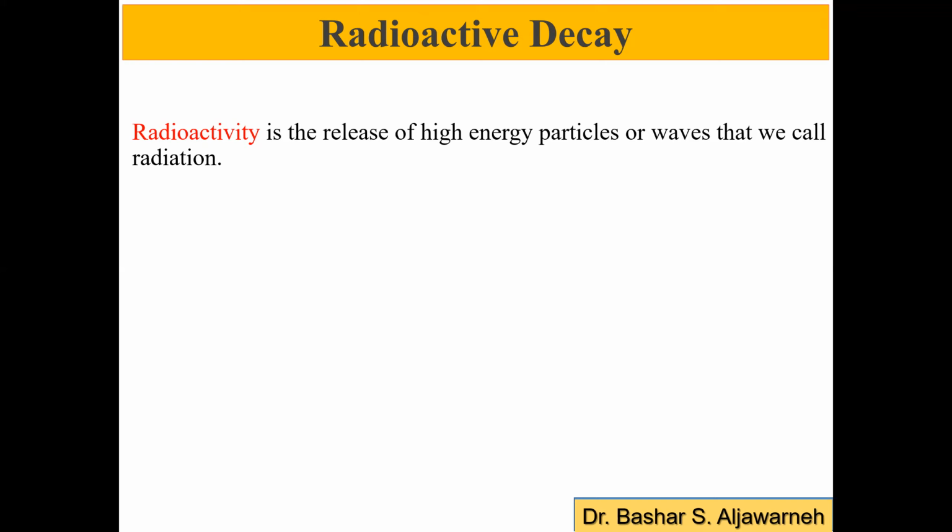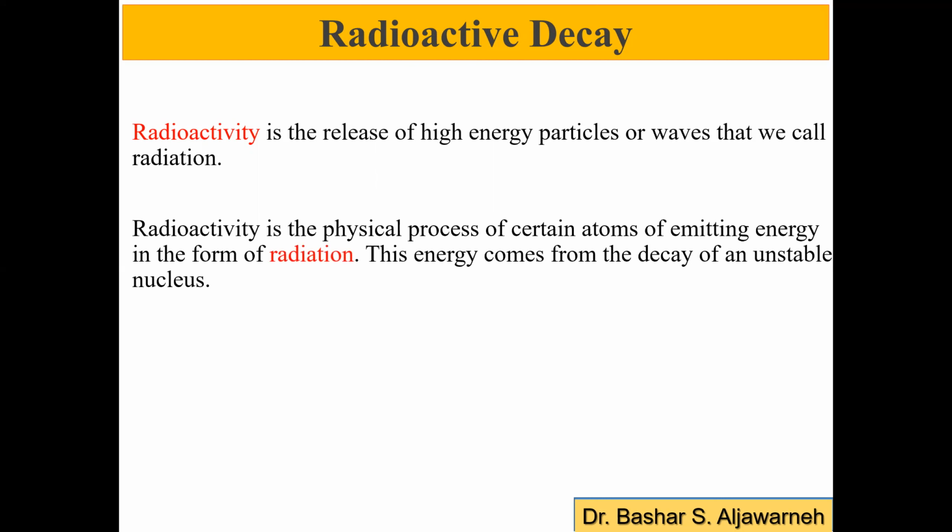to move from unstable to stable elements or nuclei, we can see the following: emitting of radiation, and this process could be called as decay to convert the unstable into stable form.